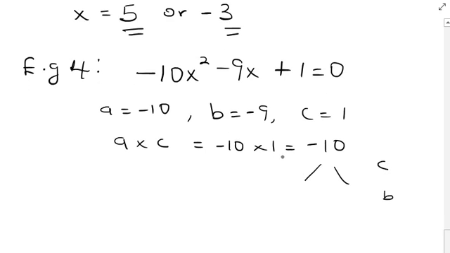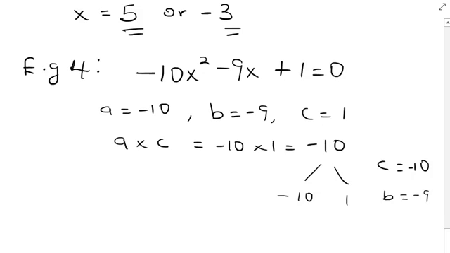So when we multiply, minus 10 multiplied by 1 will give us minus 10. And minus 10 plus 1 will give us minus 9. So I think that's it.